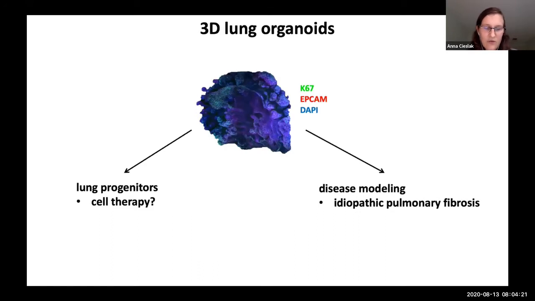As a result of human pluripotent stem cell differentiation toward lung cells, we can create human lung organoids, which are self-assembling structures that accurately recapitulate the histological and functional aspects of the in vivo tissue and can, of course, provide a source of lung progenitors that have potential for cell therapy and a platform for disease modeling, which is actually the case in our lab. We are referring here to pulmonary fibrosis. That is the topic of the presentation.